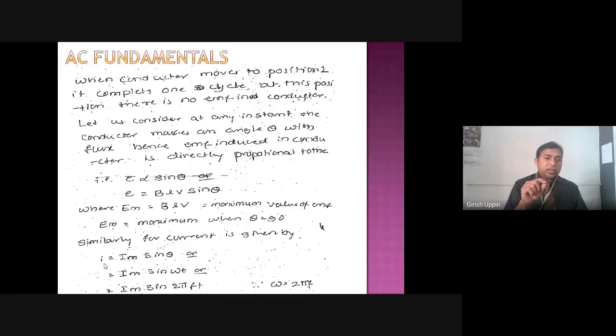Voltage can be represented as either e = Em sin θ or v = Vm sin θ. And this θ is nothing but ωt. Therefore, i = Im sin ωt, where ω is the angular speed, that is 2πf. So I can write the equation i = Im sin θ, or i = Im sin ωt, or i = Im sin 2πft, where f is the frequency.